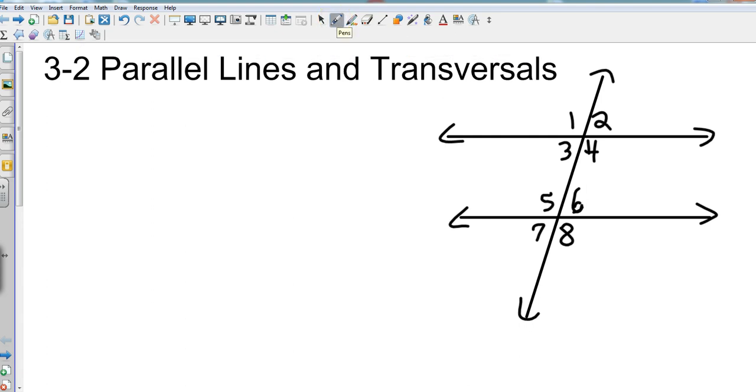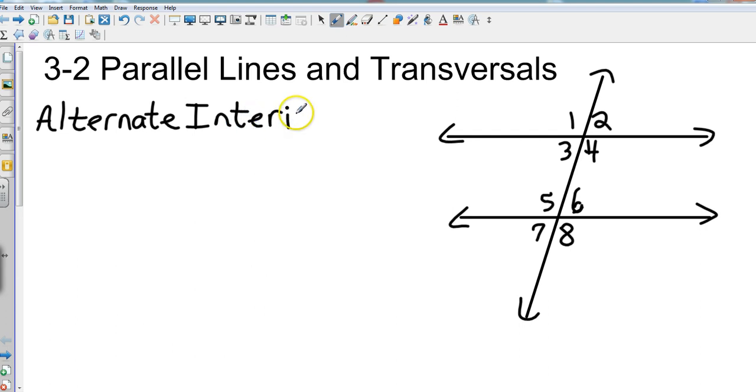Okay, our next one was alternate interior. And alternate interior angles are also congruent.